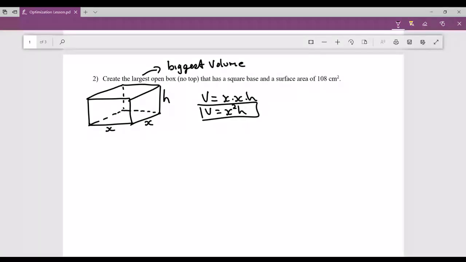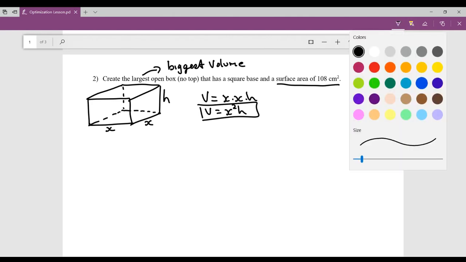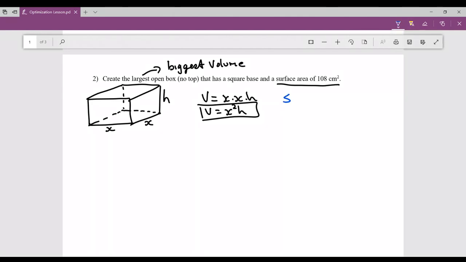But we have two variables here, x and h. We need to get rid of one of them. We have another piece of information, surface area, which we know is 108. Essentially, that's how much material we have, and basically the area of all the surfaces.